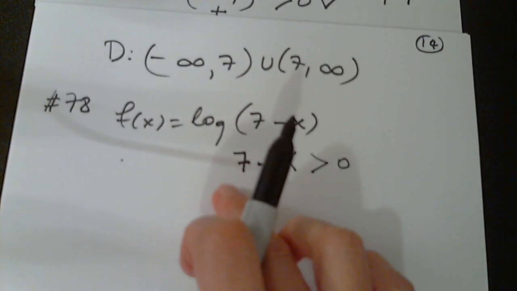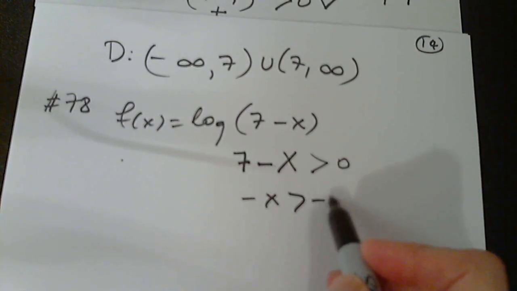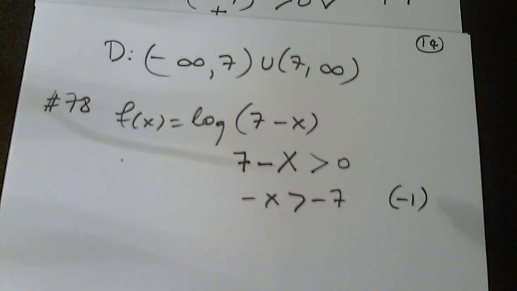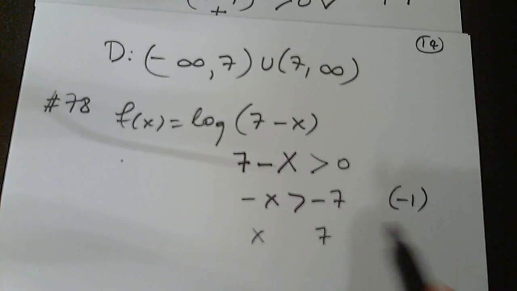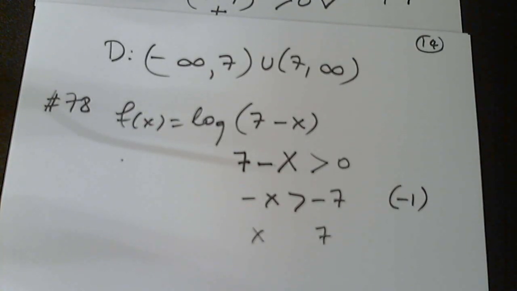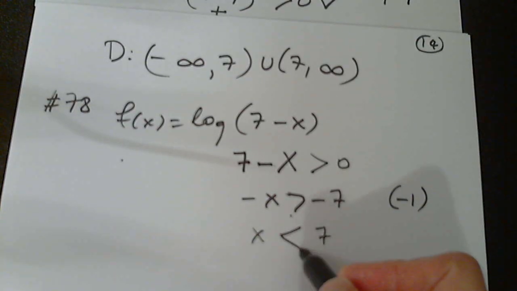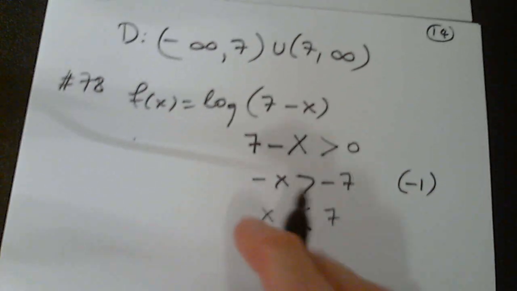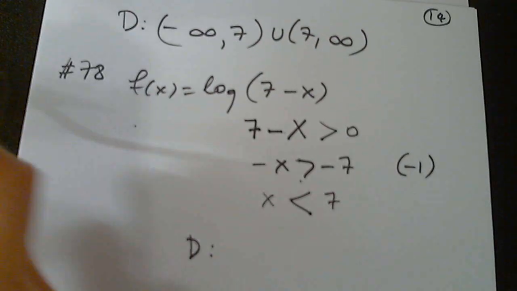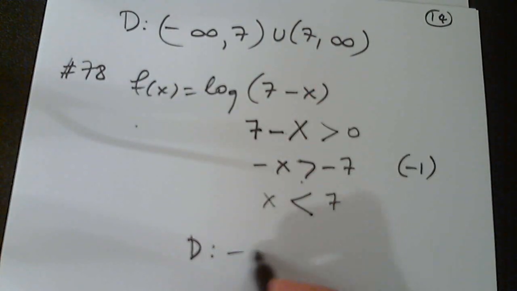And now I have to move 7 to the other side. I have to multiply or divide by -1. What do I need to do every time I multiply or divide both sides of an inequality by a negative number? Flip the inequality. Yes, from greater than to less than. So now the domain for this function is from -infinity to 7.